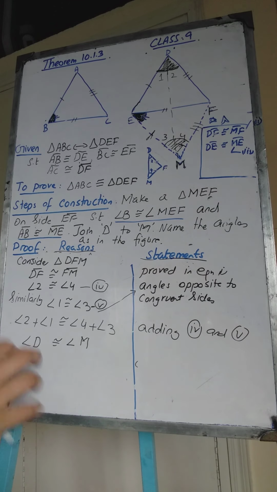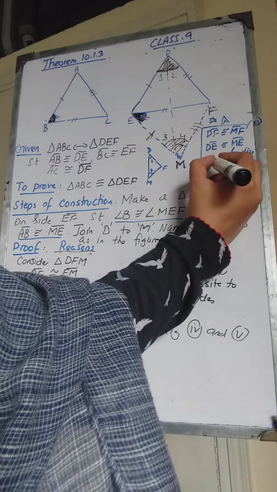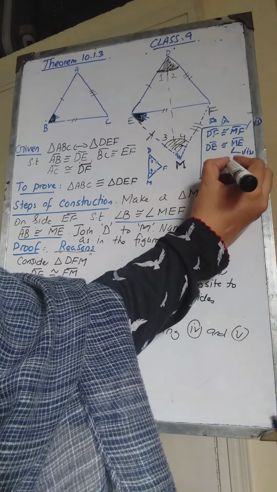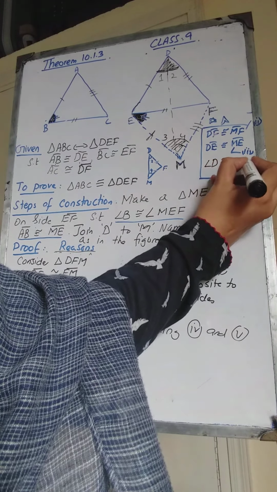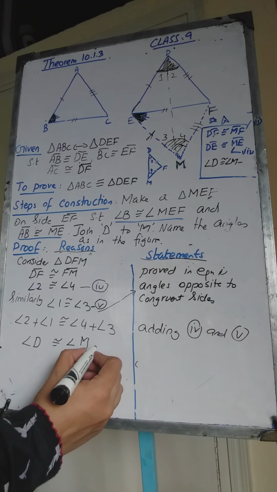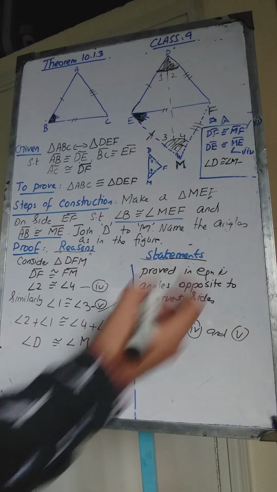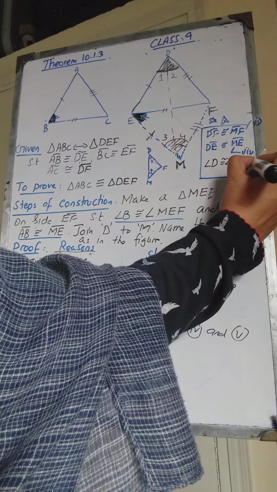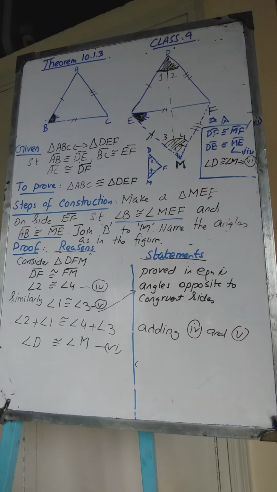Now we have proved that angle D is congruent to angle M. We are going to use this in the coming step. Let me mark this as equation 6.